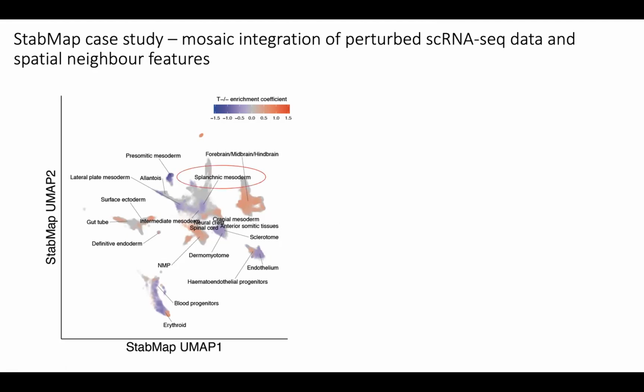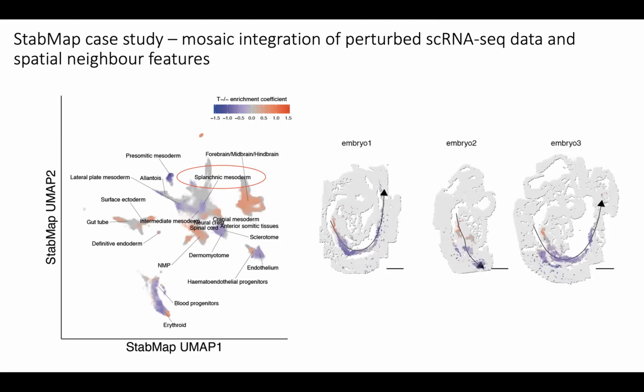But I want to highlight this one cell type here, the splanchnic mesoderm. And what was interesting was that because we have this local test, and because we have a low dimensional embedding that is common to these cells, we were able to perform essentially a label transfer to get a local prediction of the enrichment coefficient itself.